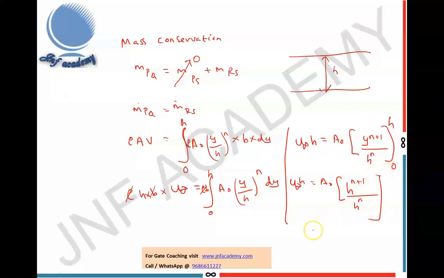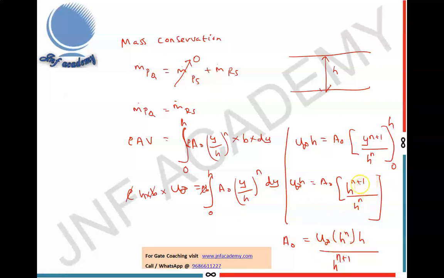And then a naught is equal to u infinity into h power n into h divided by h power n plus 1.